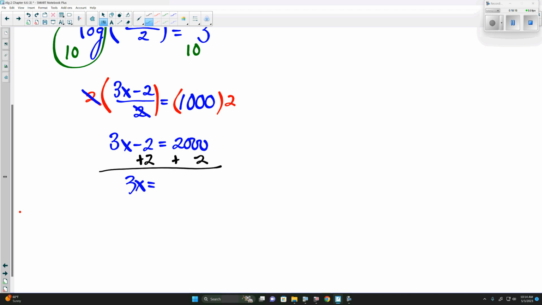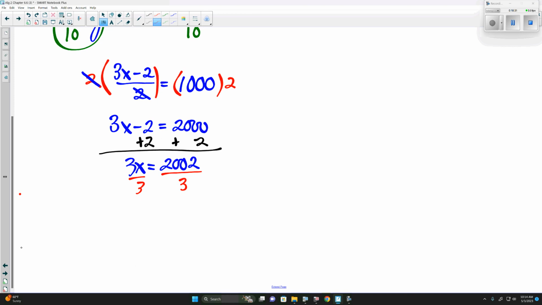Telling us 3x is equal to 2002. And last but not least, we can divide by 3. Now, will 2002 divide by 3 evenly? No. So we have 2002 over 3 as our solution.